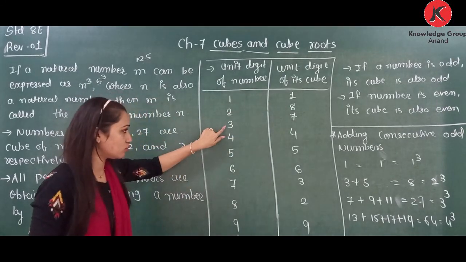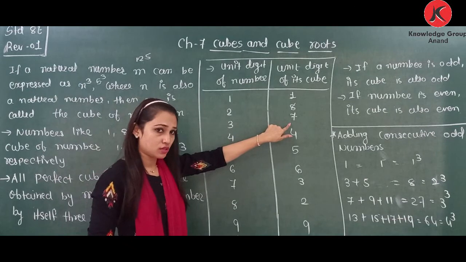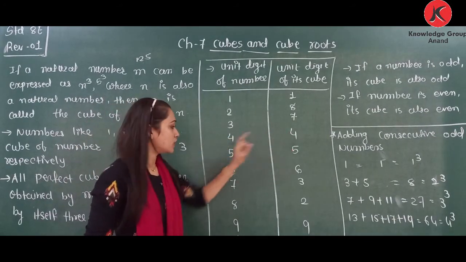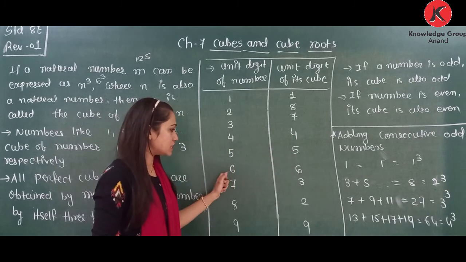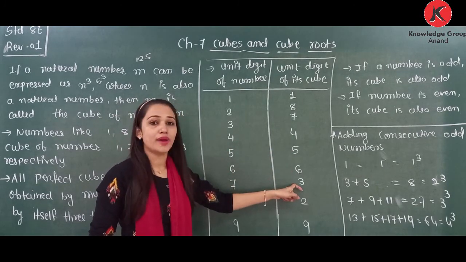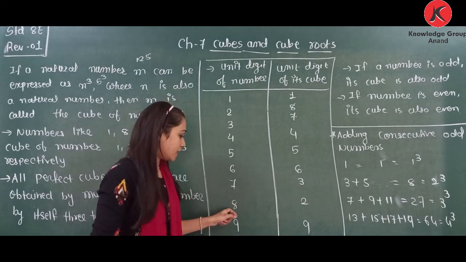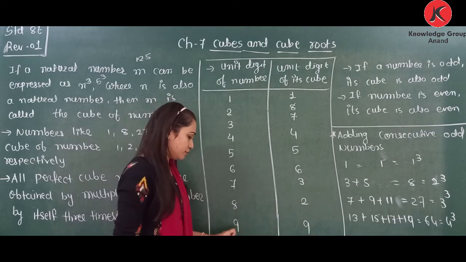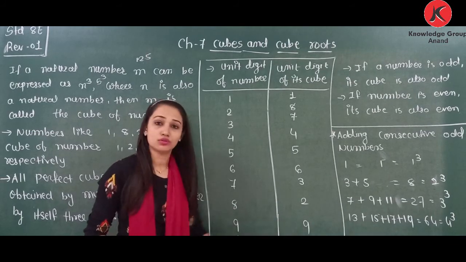If it ends with 3, then its cube ends with 7. If it ends with 4, then its cube ends with 4. 5, 6 stay the same. If it ends with 7, then the cube ends with 3. If it ends with 8, then its cube ends with 2. If 9, then 9, and 0 goes to 0.